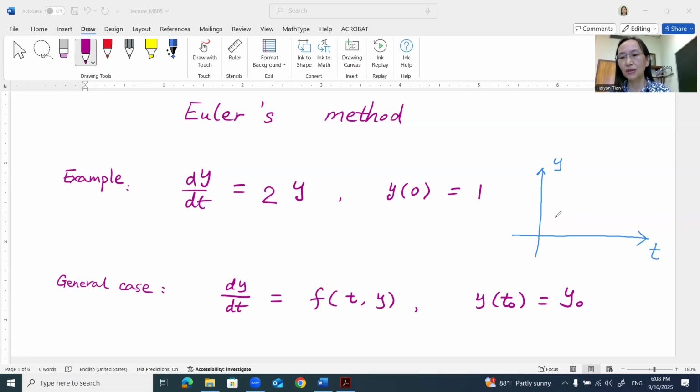So let's just symbolically try to imagine whatever curve. And if this curve, when t is 0, y is 1, that means it has to pass through this point, right? 0, 1. So we want to find a curve that will pass through this point.